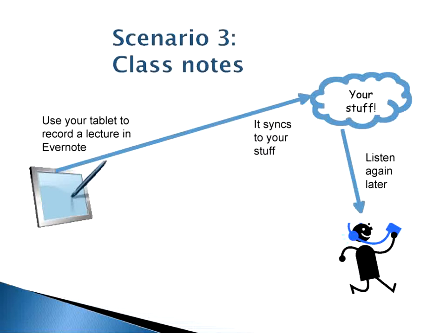That's an example where I used one device to record the note and another device to refer back to it. Whether I'm viewing it or listening to it, or whatever means I'm engaged with it, I can do that from a variety of places, from a variety of devices.